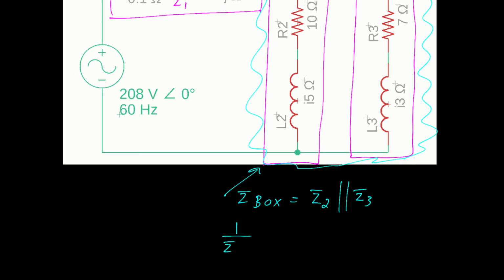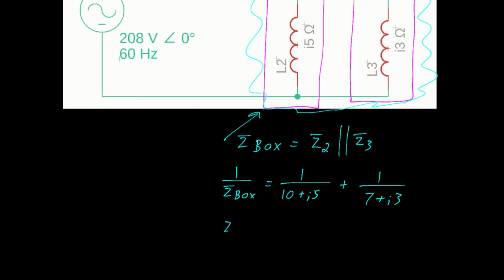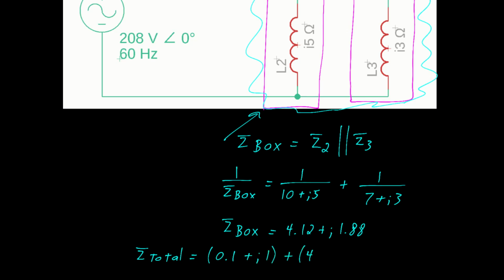We solve for the impedance of the box using our formula for things that are in parallel. When we're done, we find out it's 4.1 plus J 1.9. We can calculate the total impedance as impedance 1, which is 0.1 plus J, plus the impedance of the box.